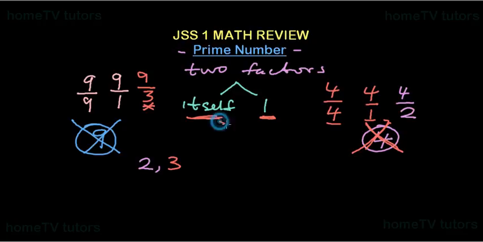It must only be divisible by itself and 1 alone, and no other number of factors, just as we have in 9 and 4. So what is the next prime number? Good, 5.